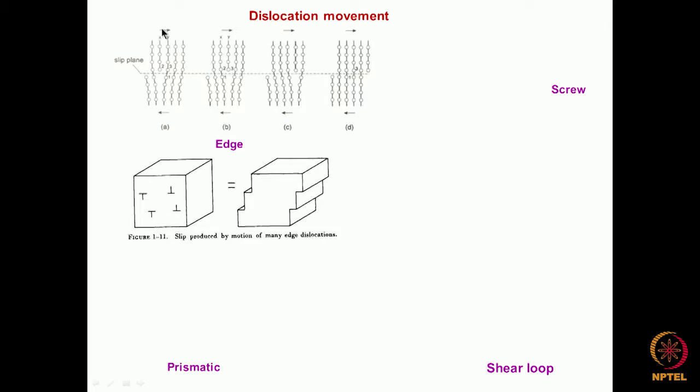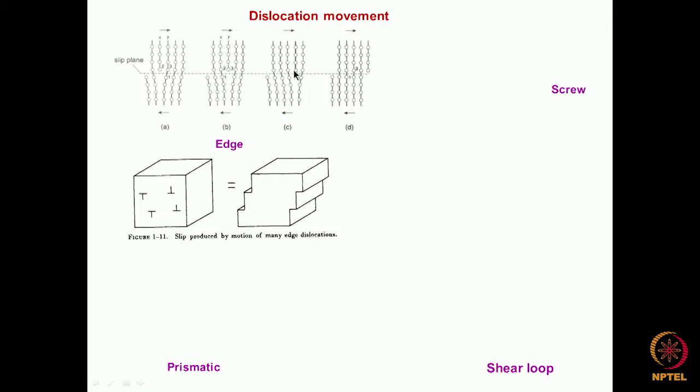Suppose we apply shear stress. Under the action of this stress, the atom numbered 1 here, since the stress is being applied in this direction, is moved a little bit, and when 2 is moved a little bit, it becomes closer to 1 and makes a bond with it. When such a bond is formed, the layer becomes like this, and now this layer 3 has become the extra plane.